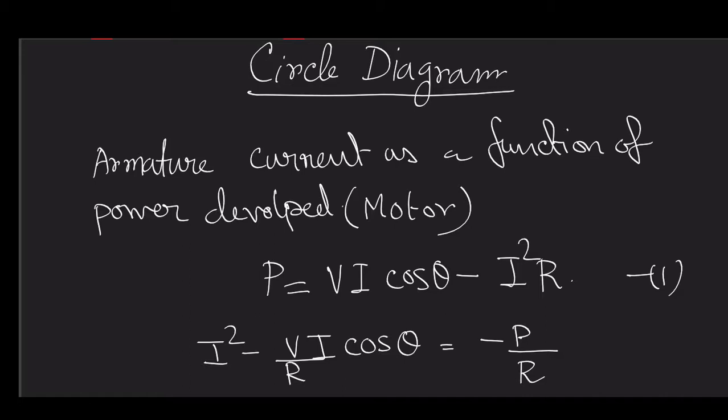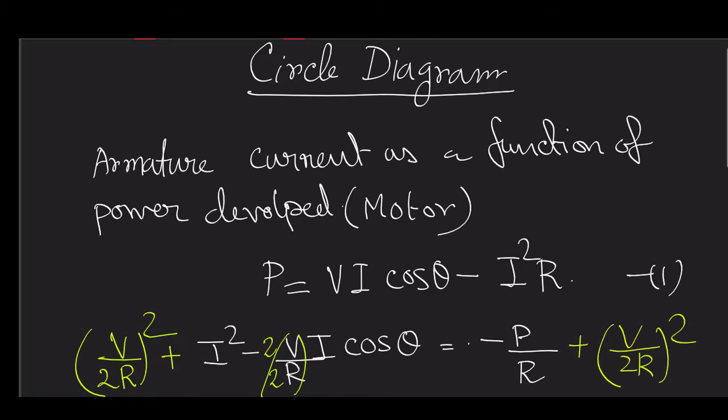Now, what we can do here is add V square by R to both sides. Therefore it will become, let this be equation 2.